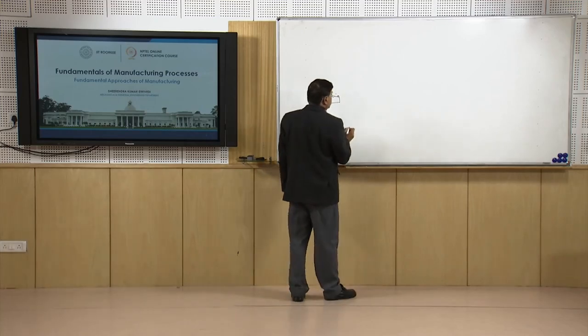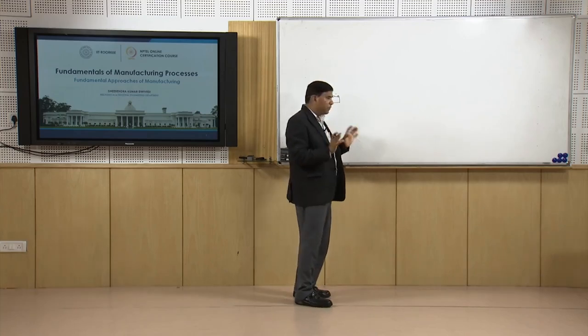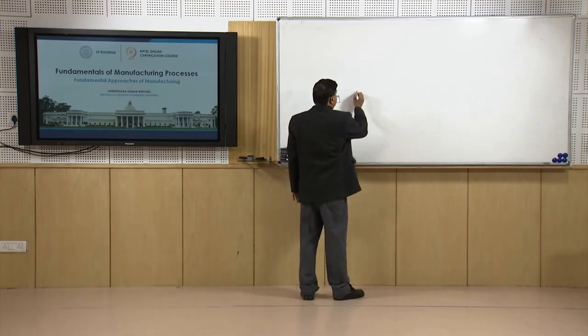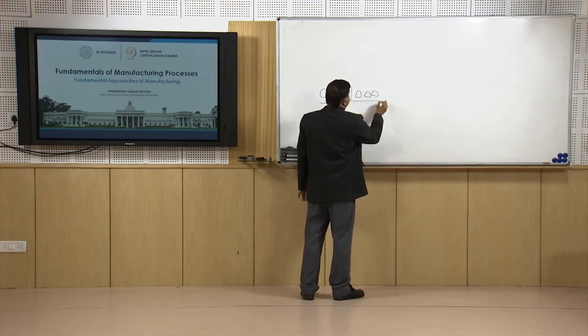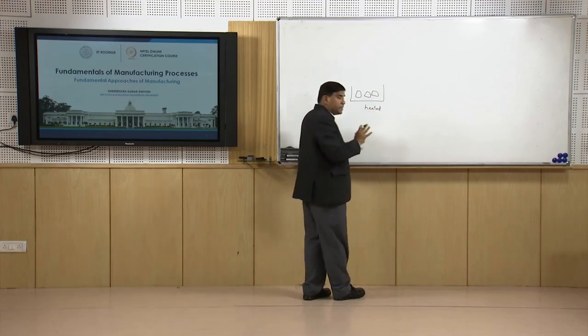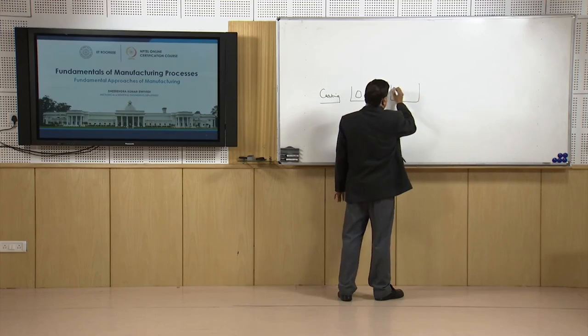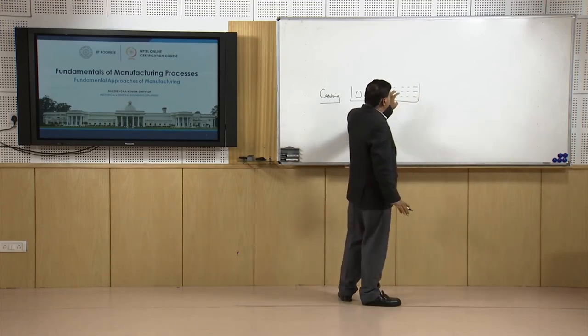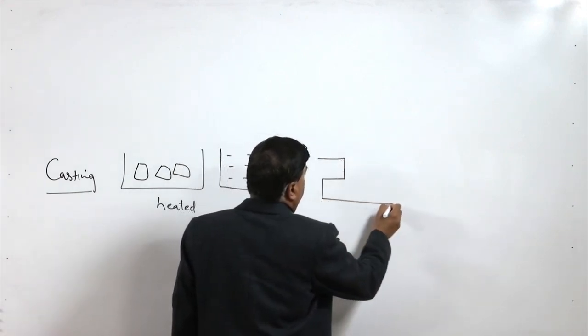In case of casting, it's a very simple process, wherein the raw material is basically heated in a crucible or in a suitable furnace, so that it can be brought to the molten state, and then this molten metal is poured into the mold.